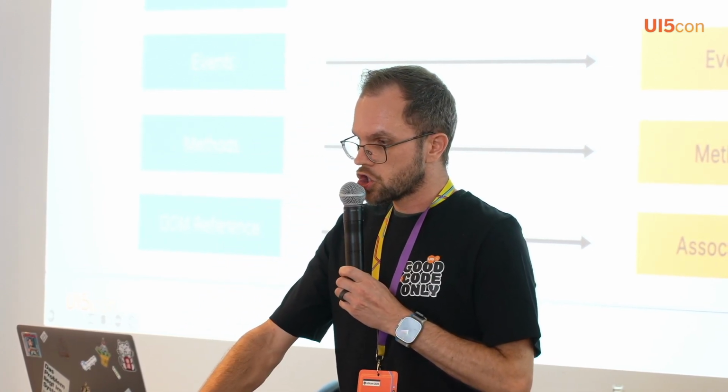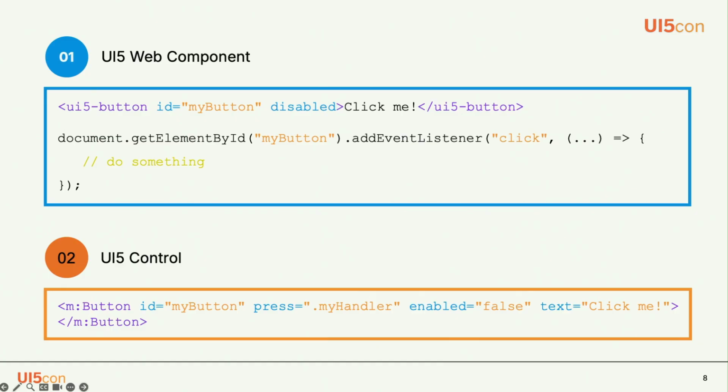Maybe a short example how it looks like. It's only a small coding example, and I don't want to go too deep into it for now. But you can see on the one part an example of how the consumption of a web component looks like. And it's easy to use.